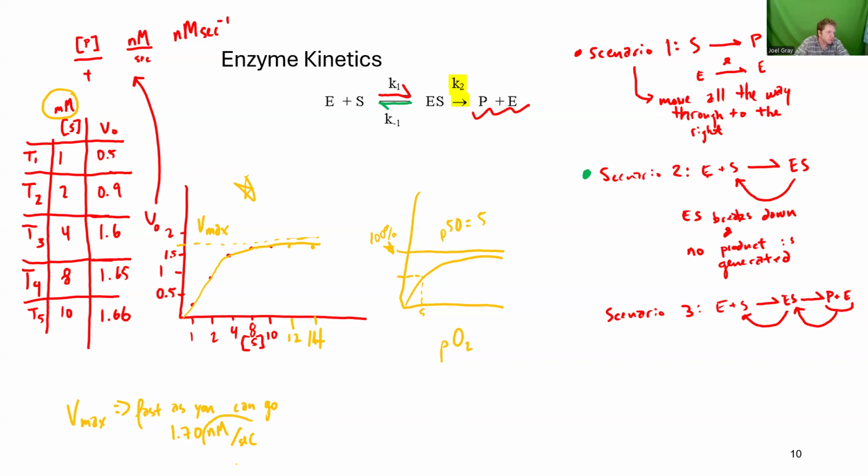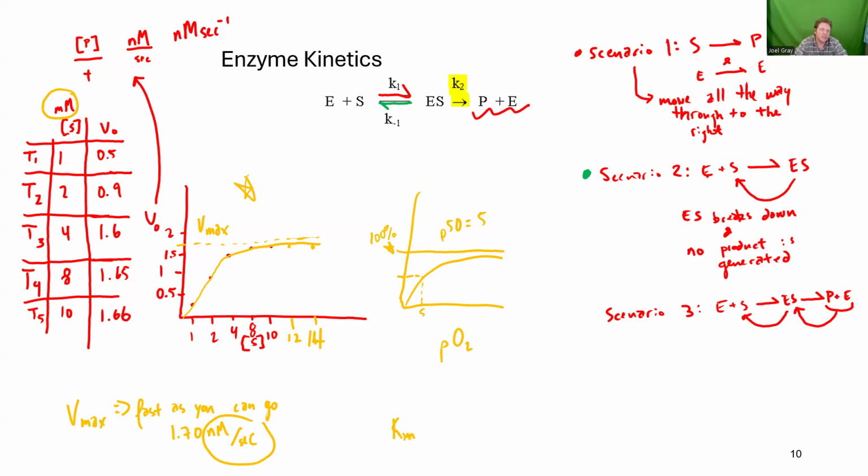So our units are going to be a concentration or amount per time interval. Now, we also have another kinetic parameter known as a Km.